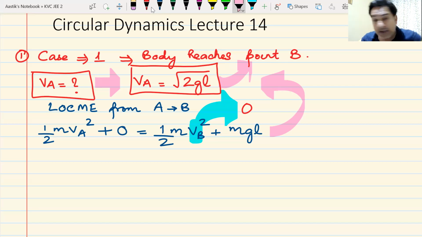Okay. Now comes the supplementary questions. Since you know the velocity at point A, you know everything in the universe about this question that can be asked. Now, can you tell me two more things that I can ask here? What is the tension at point A?